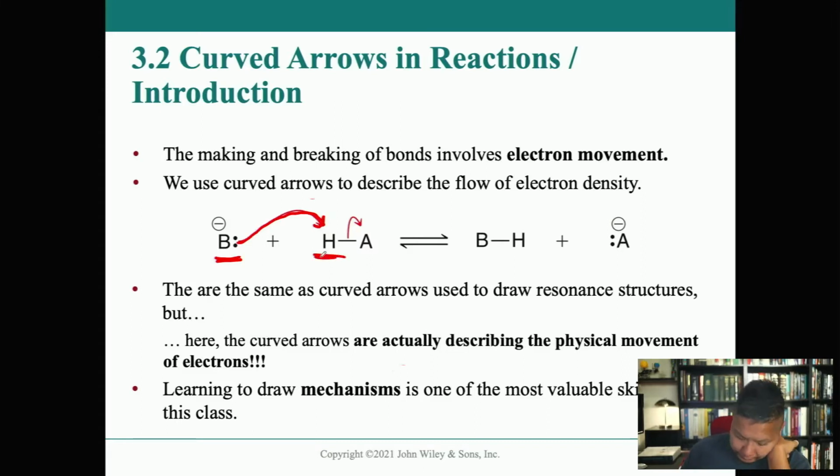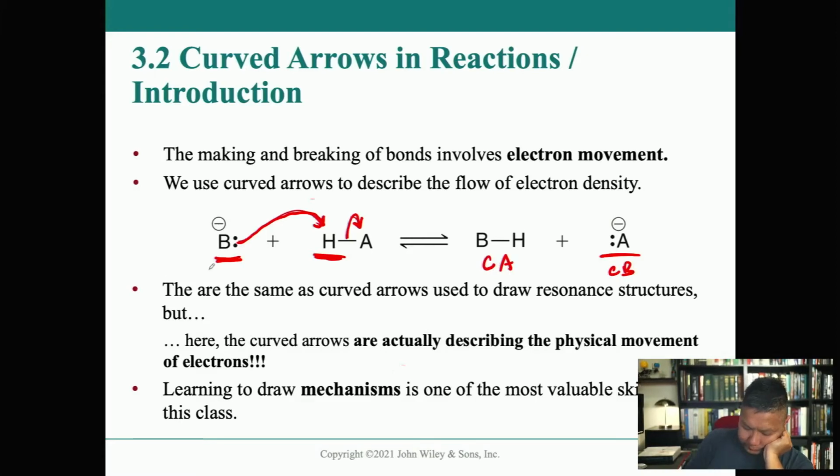Okay? And then when it does that, this bond here that was holding that hydrogen, that proton, to the acid, goes to the acid, right? Yielding you your conjugate base here, right? This is your CB for conjugate base, right? And then your conjugate acid over here, right?